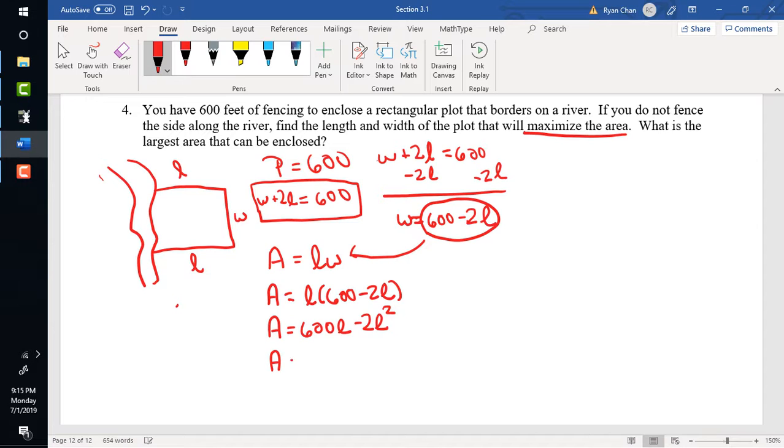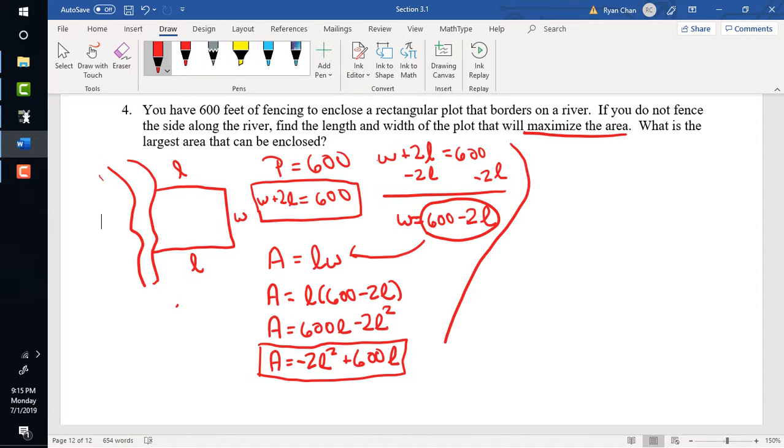Let me rewrite it. So this is my quadratic function, which is pretty nice, okay? And now that we know our quadratic function, we can answer our 2 questions.